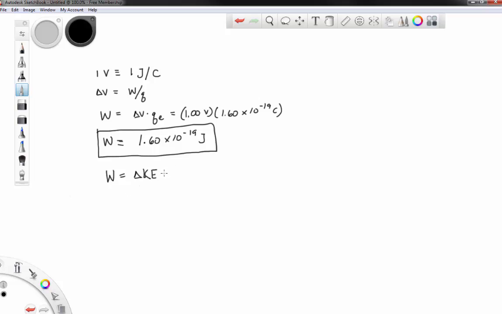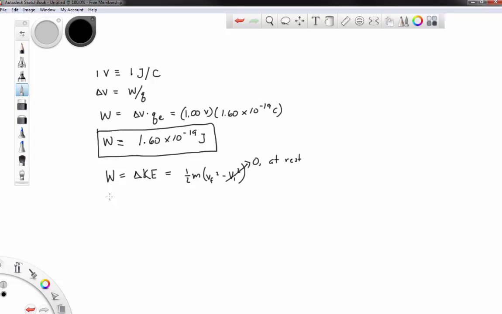So this is also going to be equal to 1/2 m times v final squared minus v initial squared. And the electron was initially at rest, so the initial speed was in fact 0.